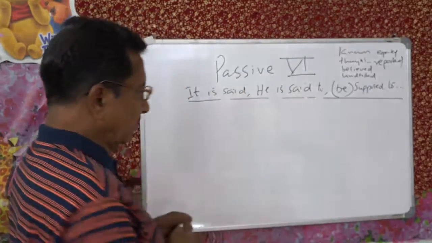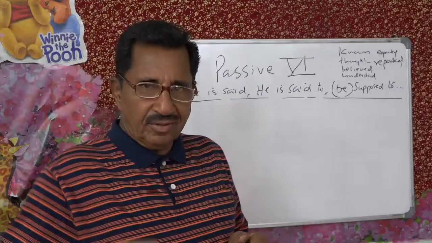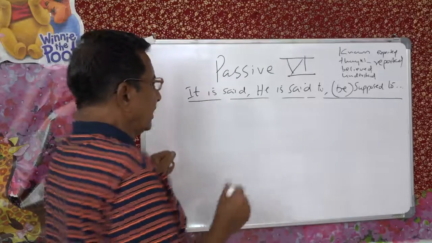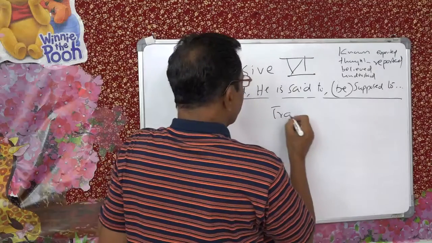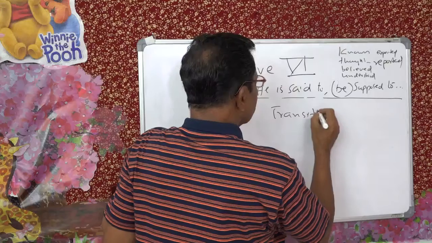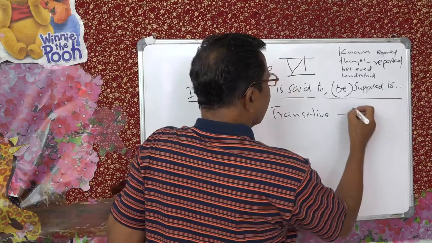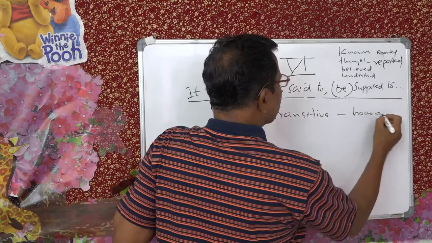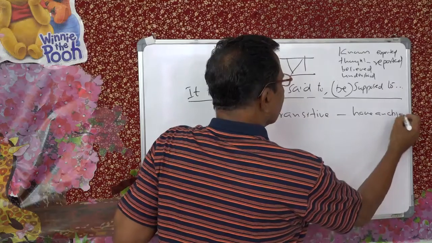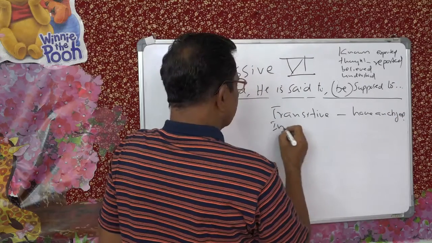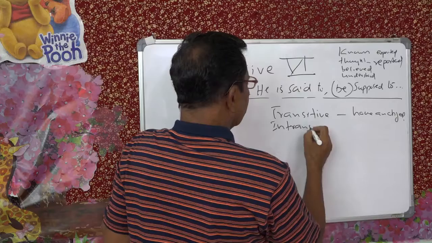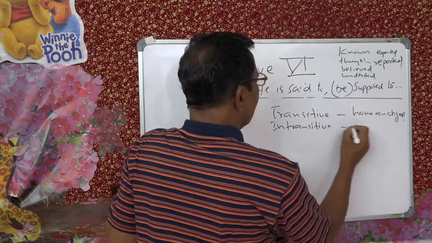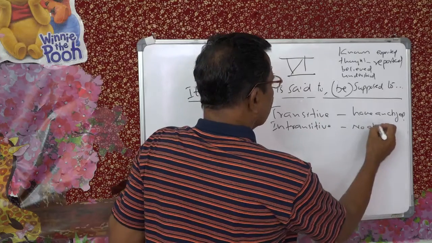Just a side remark: transitive means having an object. Intransitive is the opposite. Intransitive means no object. It cannot take an object.